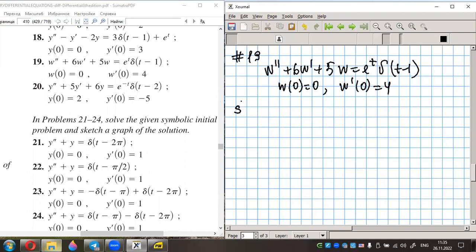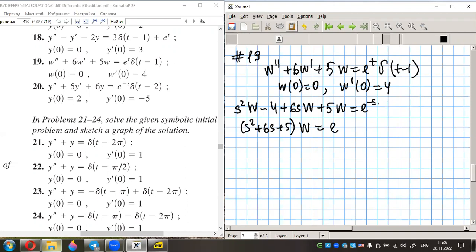Here we use the Laplace transform also. Minus 4 plus 6sW plus 5W equals e to the minus s delta e to the 1. Okay, and s squared plus 6s plus 5 times W is e, what did I write wrong? Sorry.